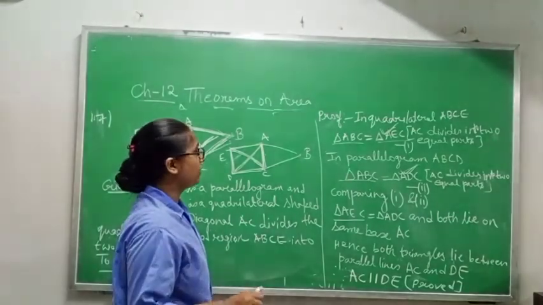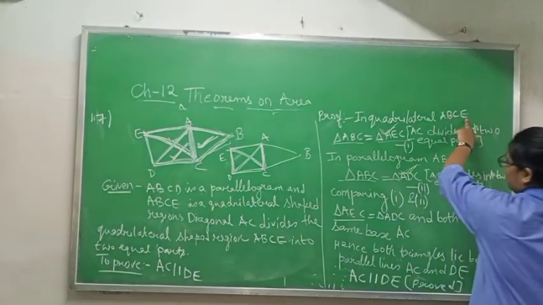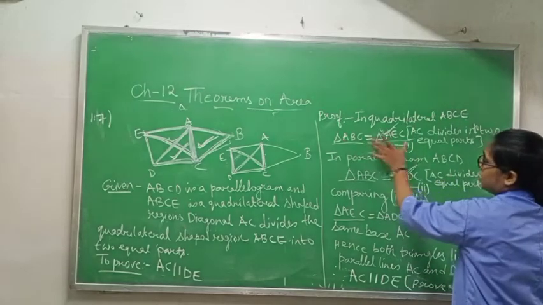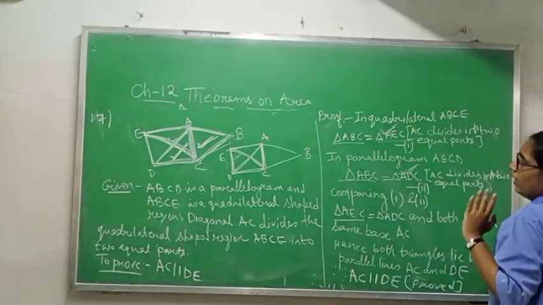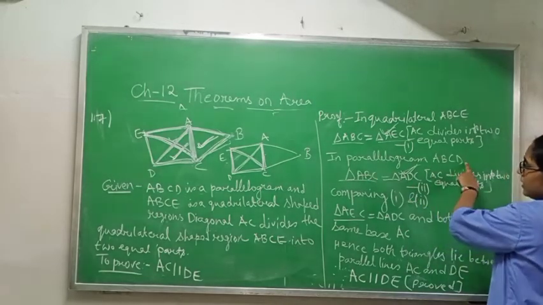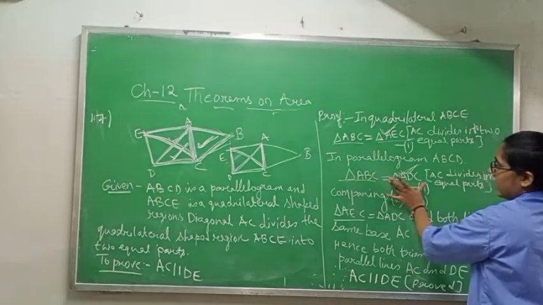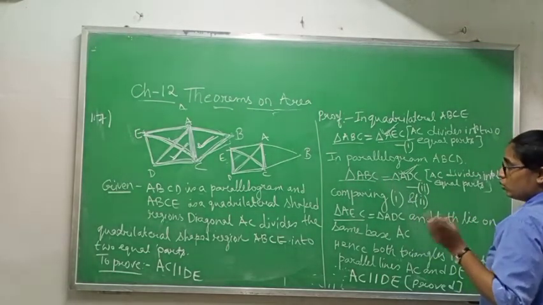Okay. So what we have done: first we took quadrilateral ABCE. From there I am saying that triangle ABC and AEC are equal. Why? Because AC is a diagonal and divides the quadrilateral into two equal parts. In parallelogram ABCD, triangle ABC and triangle ADC are equal. Why? Because AC divides it into two equal parts.